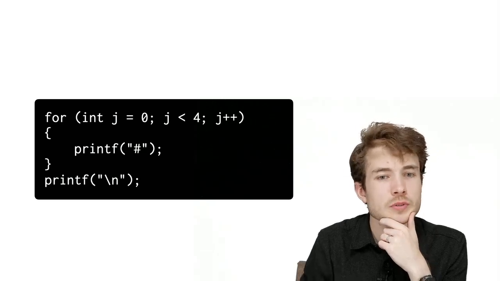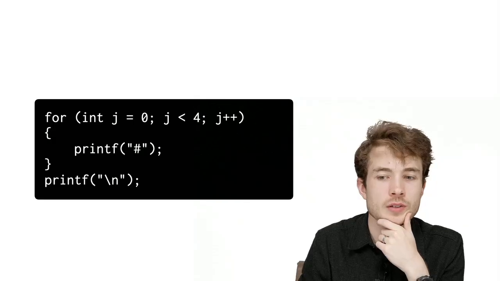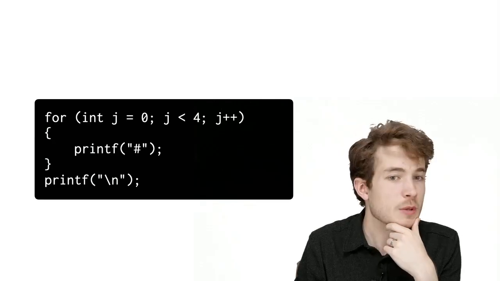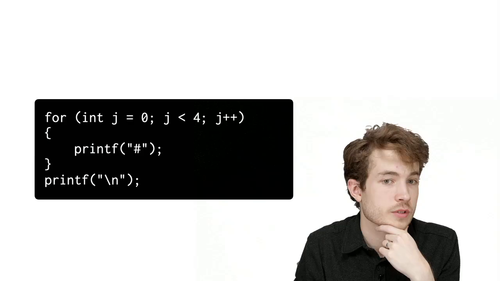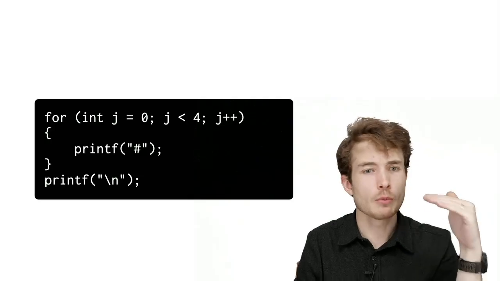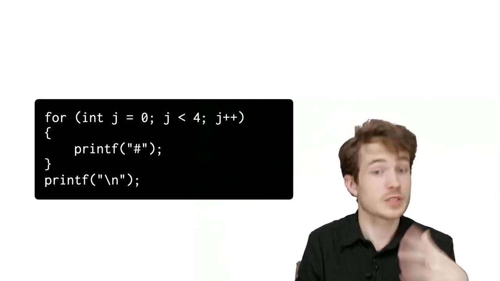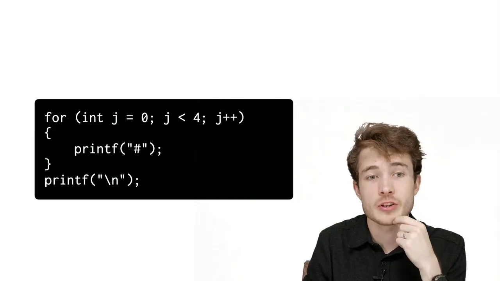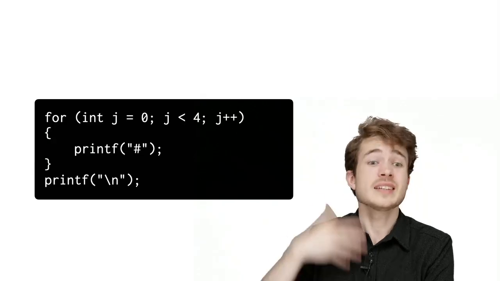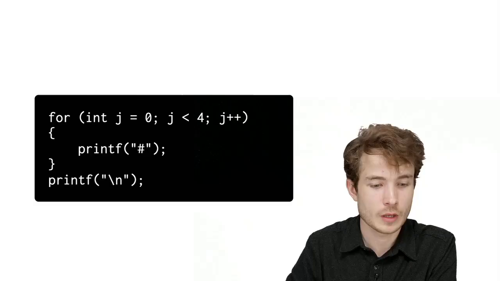I have one loop to make a single line. And I'm seeing an idea coming up in the chat. Maybe we could use another loop to have more than one line, like 4 lines of 4 hashes to make a square of hashes. And it's actually true. You can take a loop like this and put it inside of another loop, a bit like this.